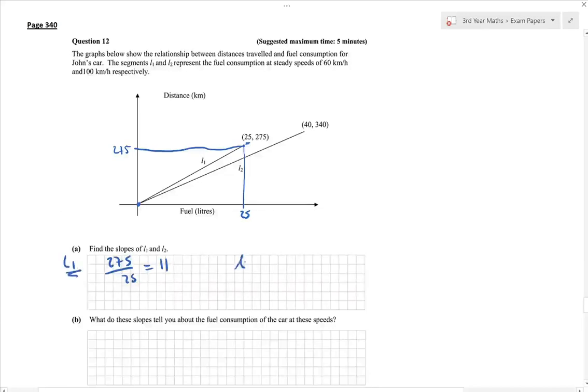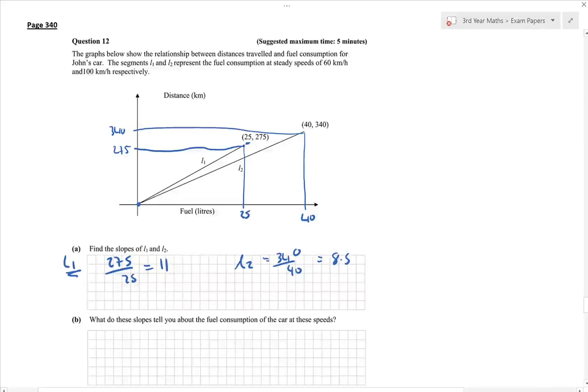And for line 2, well, we know that this distance here is 40, and this distance here is 340. So you can say the rise over run is 340 over 40, which is 8.5, or 17 over 2.